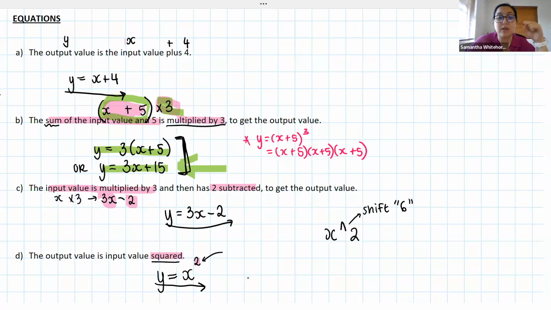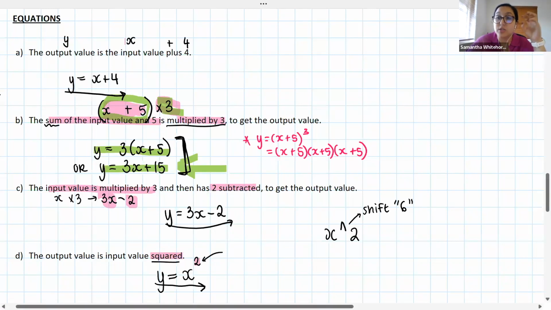If it had been the input value cubed, then your exponent would be 3. If it had been the input value to the power of 8, then your exponent would be 8. So the exponent's number can change, but squared means 2. I think maybe I misunderstood something, so I'm sorry. I hope that makes sense. And if we still aren't 100% sure, let me know.